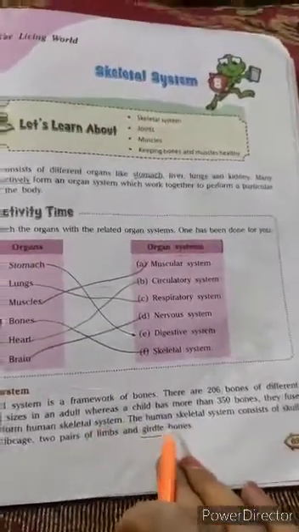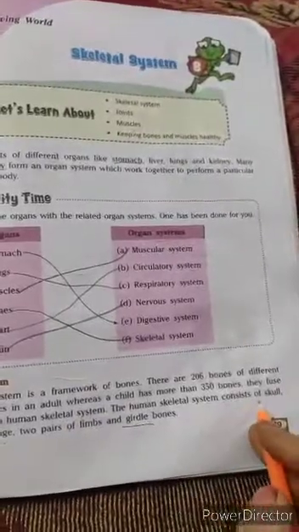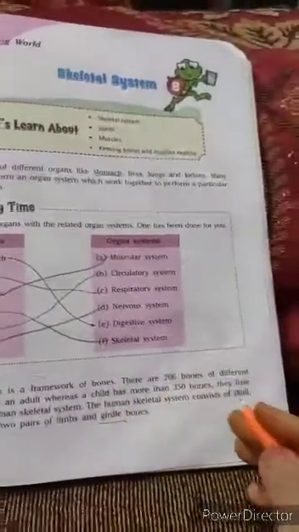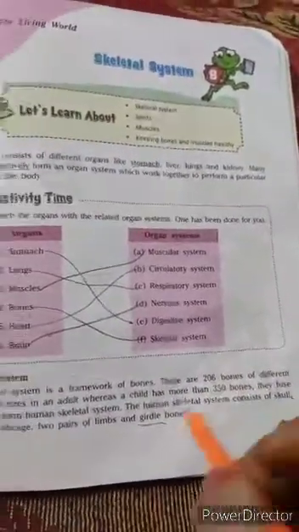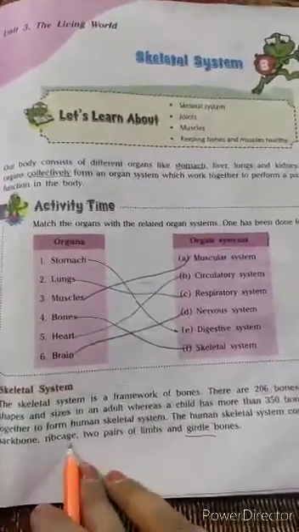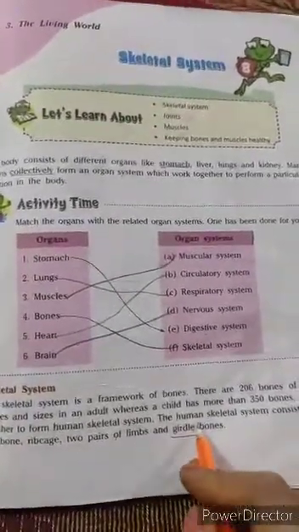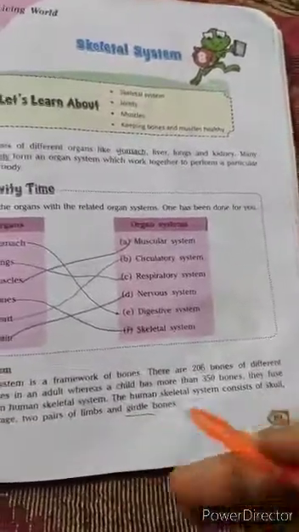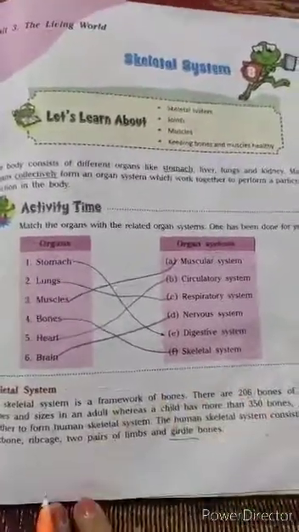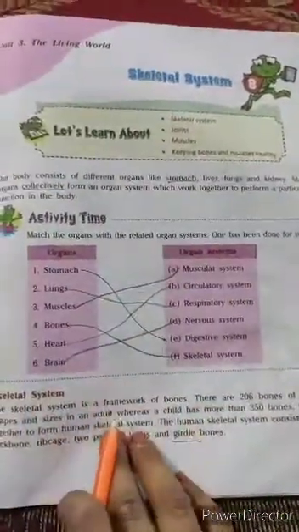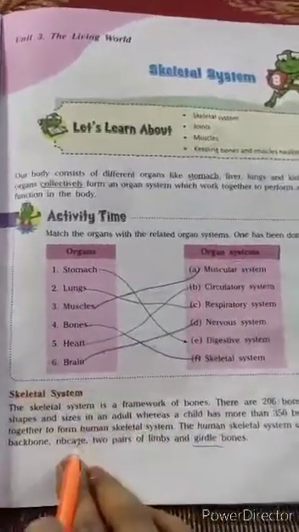We will study all these in detail, like the skull, backbone, rib cage, limbs and girdle bones. We will study in detail in the next class. Today I'll give you a small introduction of this chapter and about the skeletal system.